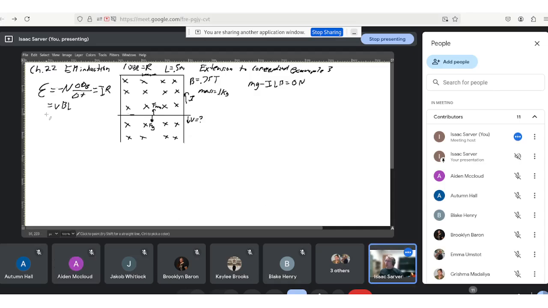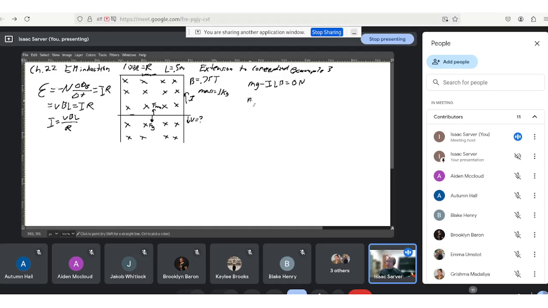Alright. So that means that I can figure out what my current is. So my current is equal to vBL over R. Okay. So now I have my current right here. I guess we didn't need to know my length then.